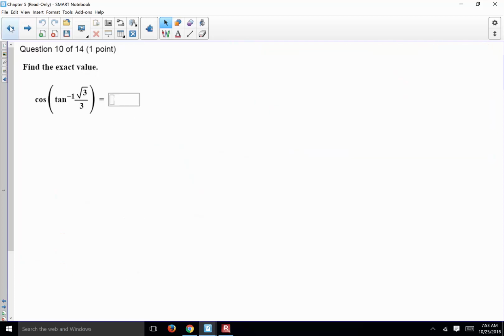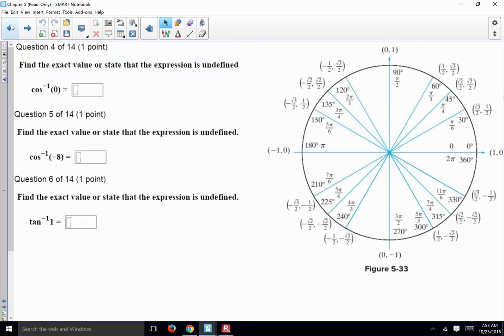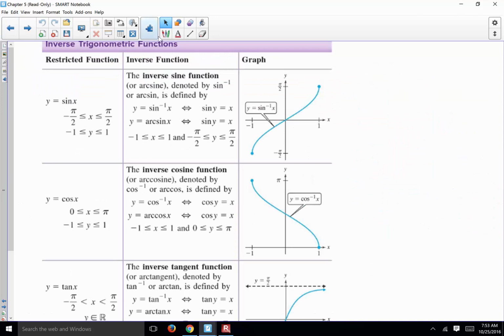Let's check out arc cosine again. Here. Arc cosine has only values from 0 to pi when somebody asks you to evaluate it. So you need to provide me an angle between 0 and 180. And arc sine was minus 90 to 90. Any value of arc sine is within this range.